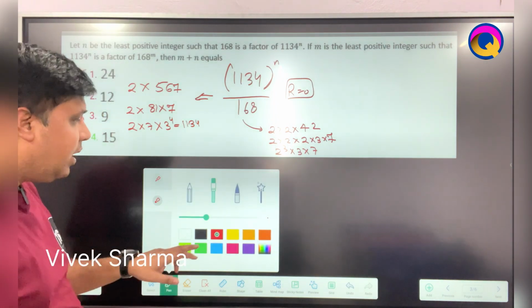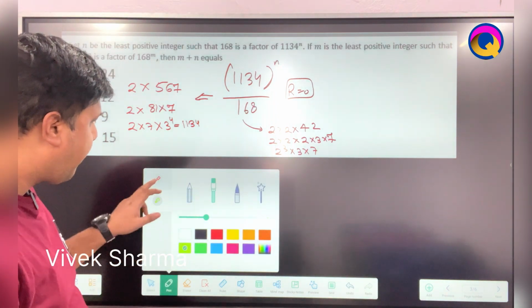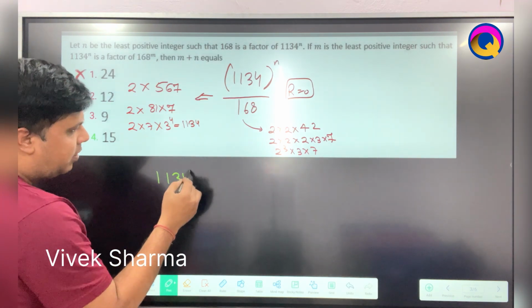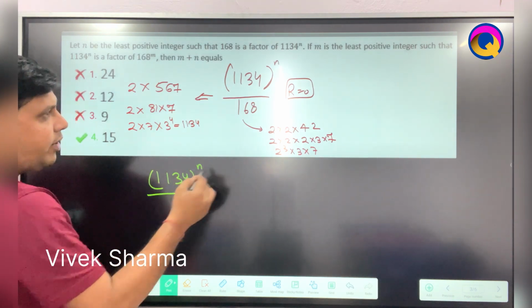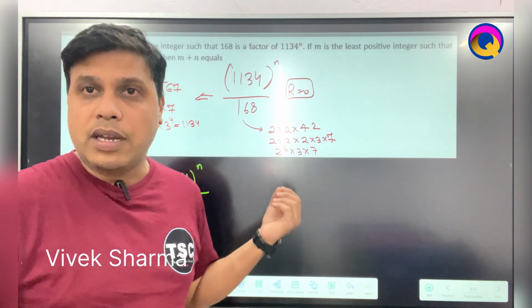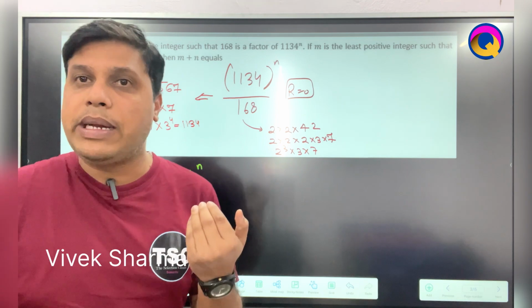Now if I talk about the solution, it is saying that 1134 raised to power n divided by 168. So if 168 is a factor of this number, then it should leave remainder 0.